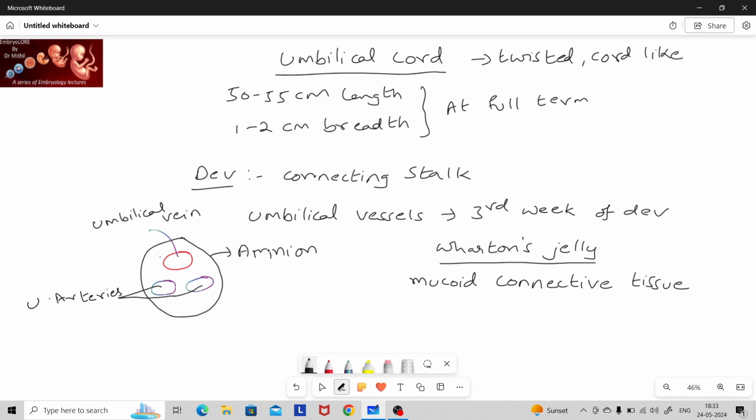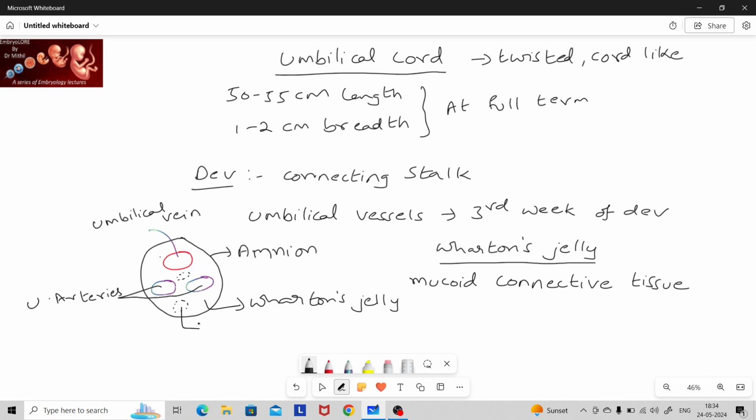The amnion, and the surrounding will be the Wharton's jelly. Apart from this, there will be the remnant of the allantois diverticulum and the remnant of the vitello-intestinal duct.